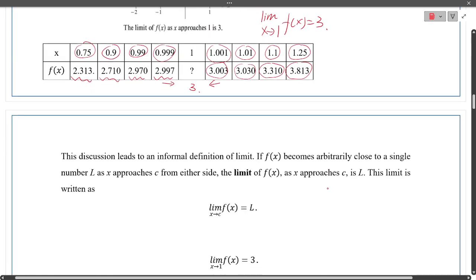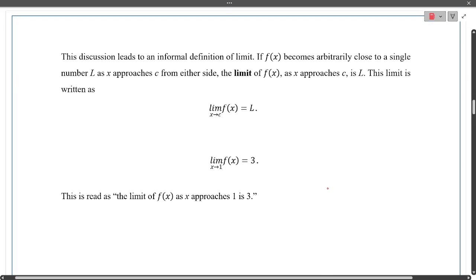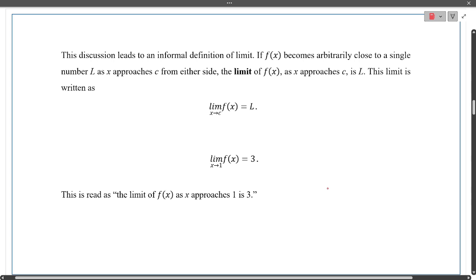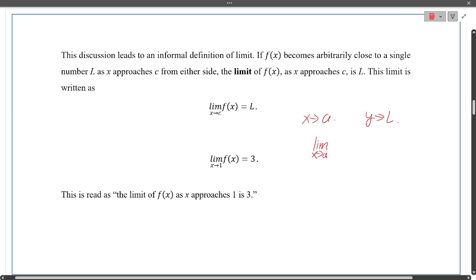And now let's move on to the mathematical definition of the limit. When x approaches a specific point a from both directions and y approaches a fixed value L, we say the limit of the function as x approaches a is L. And we write a notation like this.